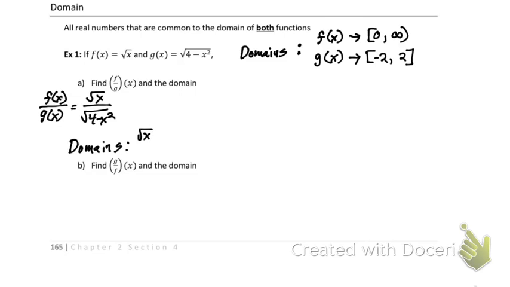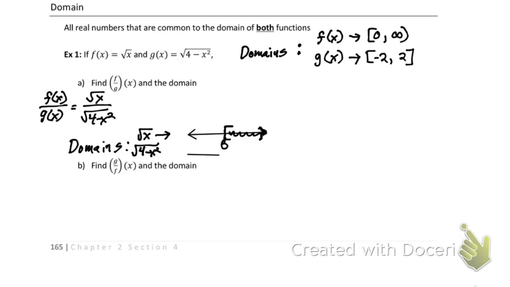So our square root of x domain, we said was from 0 to infinity. So if I drew a quick number line, and I say we go from 0, so if I make this 0, we'd be from 0 to infinity. g of x, which is our square root of 4 minus x squared, we said it goes from negative 2 to 2.